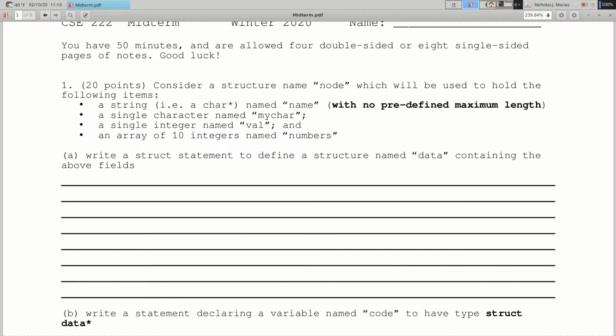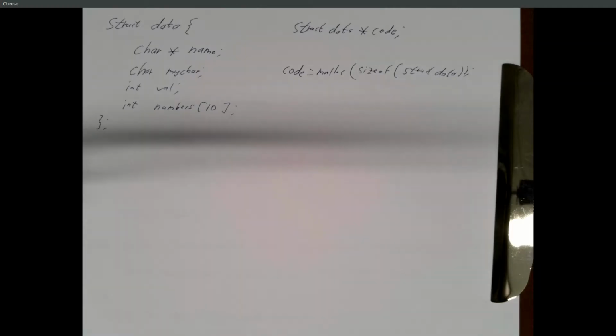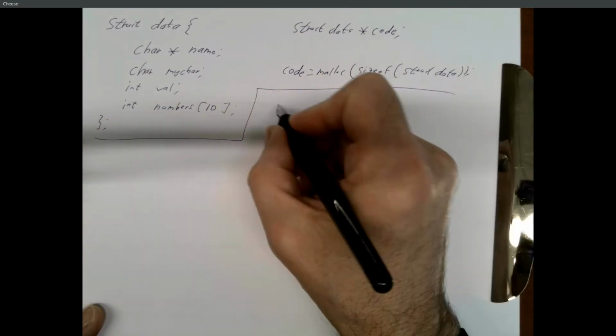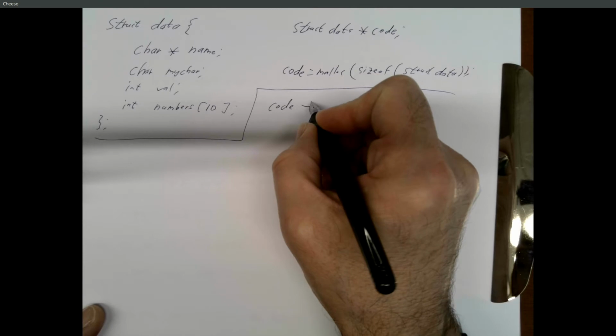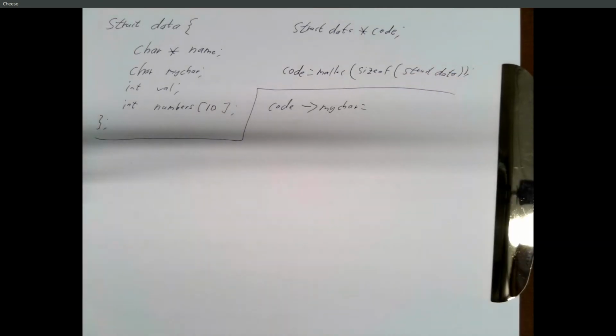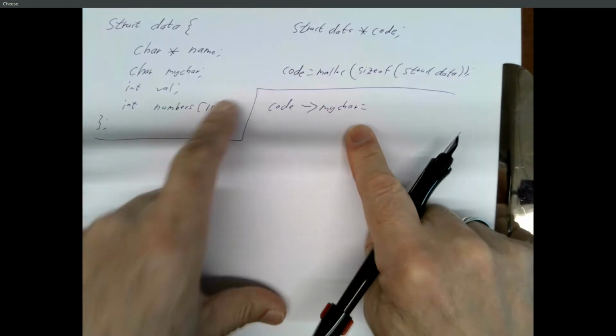All right, and then code to initialize the various fields. So my car should be initialized to J, so code we need to dereference. So code arrow my car, right? The thing pointed to by code, which is one of these, and then pick off the my car field.